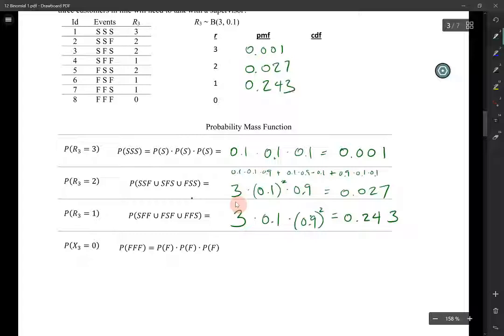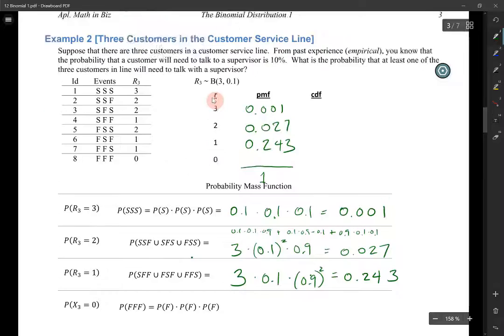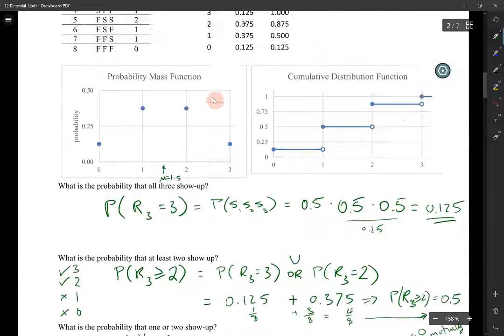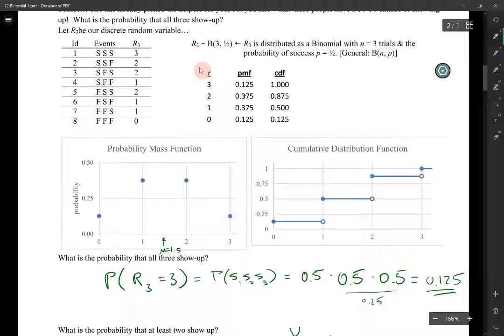So this is 0.243. So at this point, when there's only one left, we know that the sum of all of them is 1, right? So actually we should just go back and check that. It's true, because it's the entire sample space. So this 0.125 plus 0.375, that's 0.5, and then again, 0.375 plus 0.125, that's another 0.5.